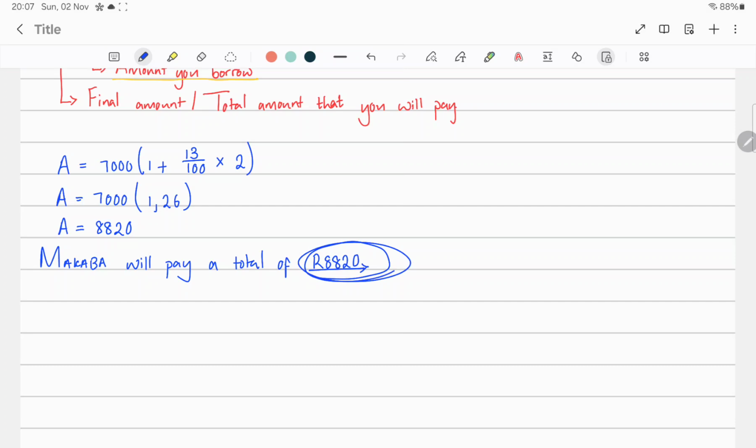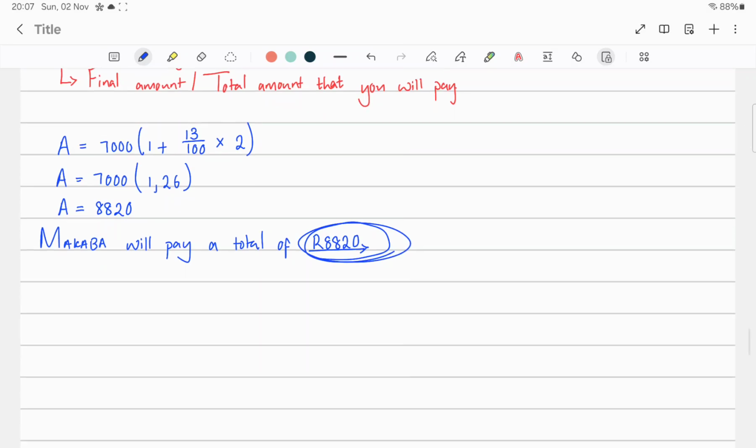You'll notice that this money, our A, is bigger than our P. The rest of the money is what we call our interest. When you borrow money from a bank, it gains something we call interest. The question didn't ask us to calculate the interest, but for interest's sake, we can also calculate it. We give it capital letter I. Interest is A minus P, the final amount minus the amount that we start with.